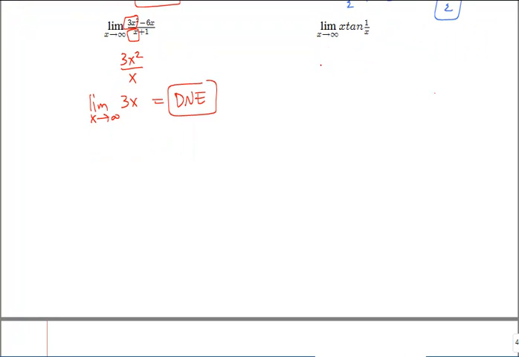Okay, in our last example, we want the limit as x goes to infinity of x times tangent of 1 over x. Now, because this limit has a tangent in it, and none of the limits that we've mentioned previously today involve tangents, they all involve sine functions, we're probably going to want to change that tangent so that it's rewritten in terms of sine.